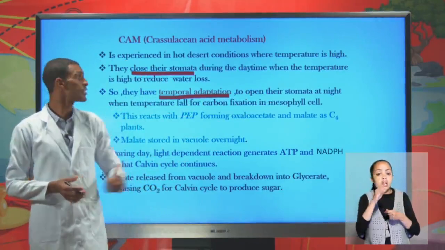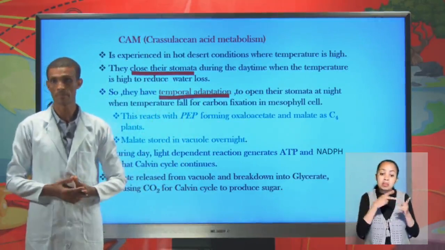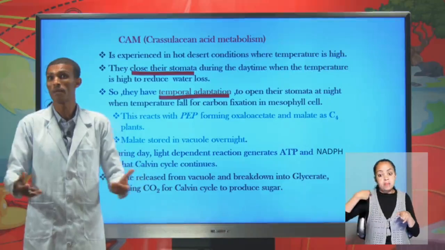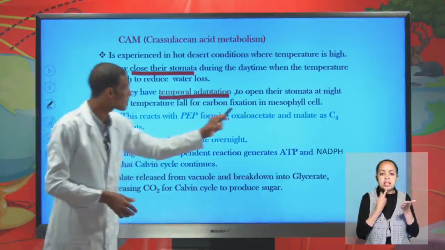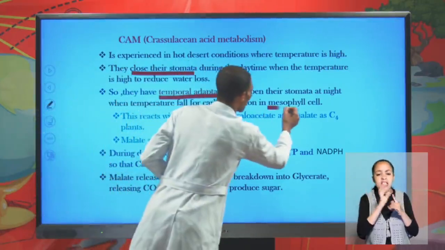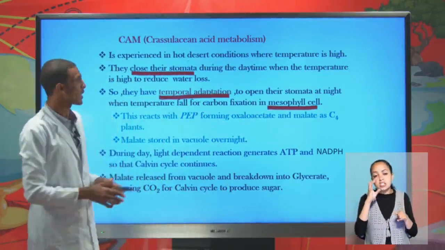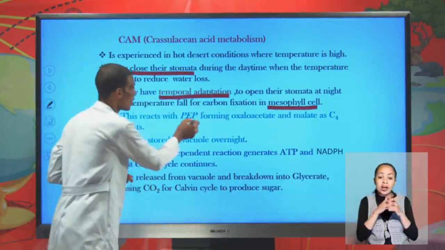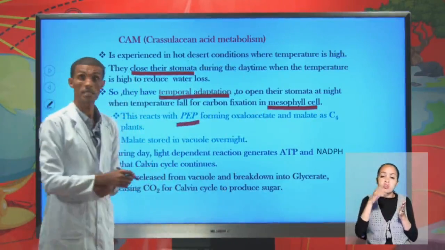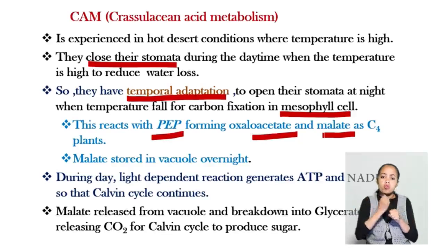So, carbon fixation in CAM photosynthesis takes place during the night time when the temperature in the leaf becomes low. It takes place overnight. This fixation of carbon dioxide takes place in the mesophyll cell, just like in C4 plants, where the fixed carbon dioxide reacts with phosphoenol pyruvate, just like in C4 photosynthesis, to form four-carbon compounds, oxaloacetate and malate.